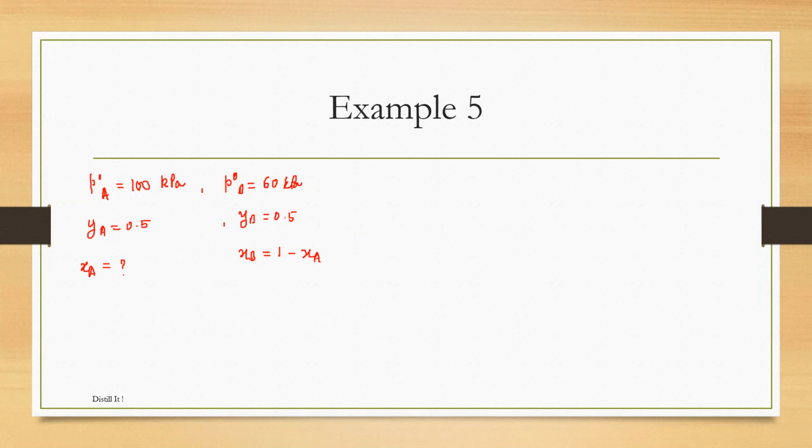Then, by a combination of Raoult's and Dalton's law, we know that total pressure P is equal to P naught A XA plus P naught B XB. So P naught A is 100, so 100 XA plus 60 into XB, where XB is 1 minus XA.